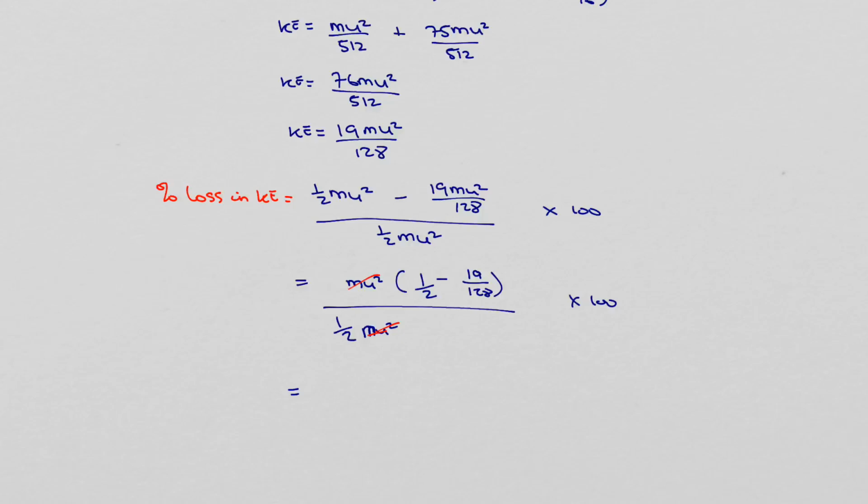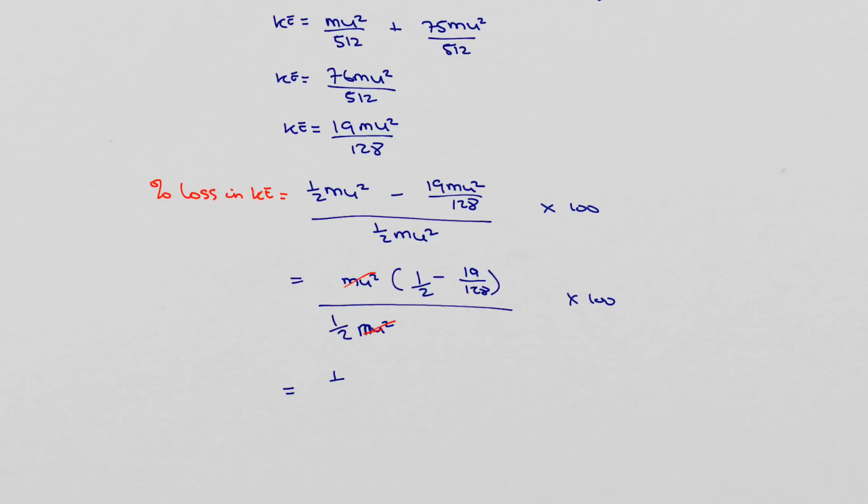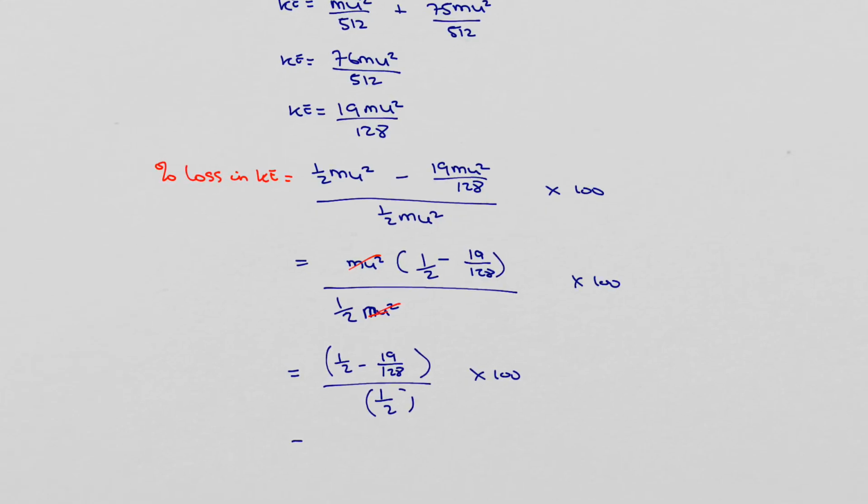Yeah, that's better. So the m u squareds cancel, which leaves me with a half minus 19 over 128, over a half, times 100. And that gives me, as a percentage loss, 70.3.